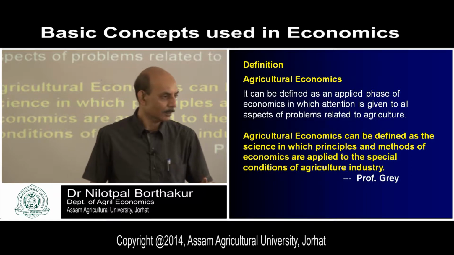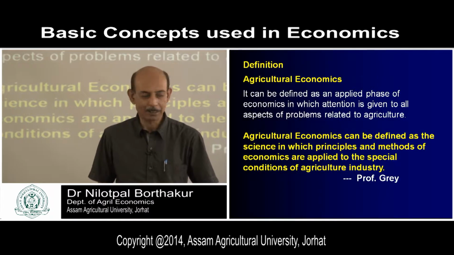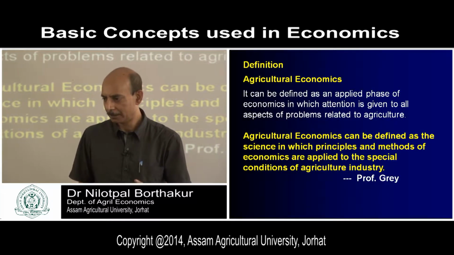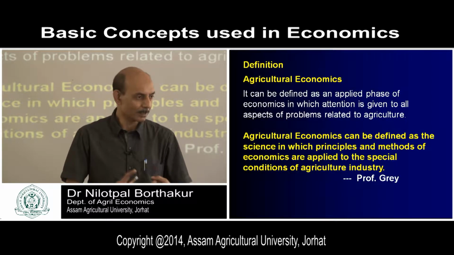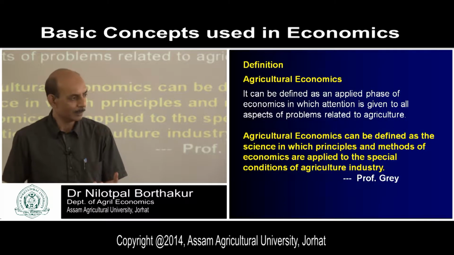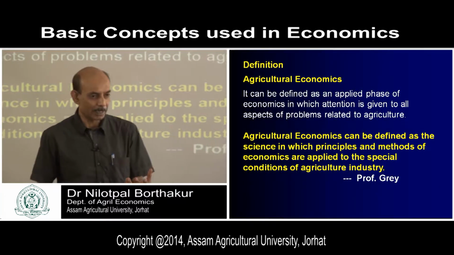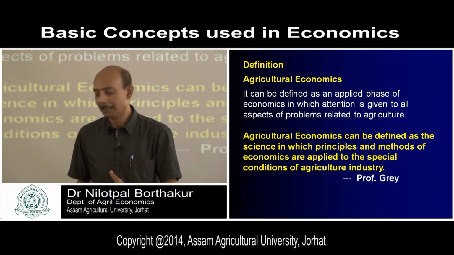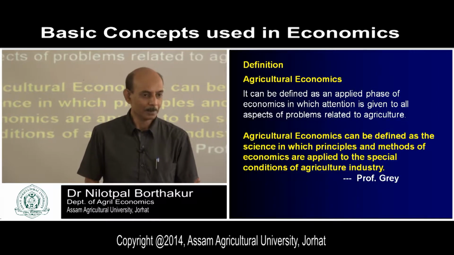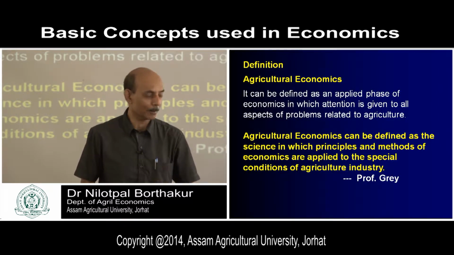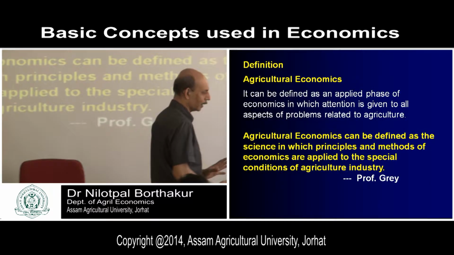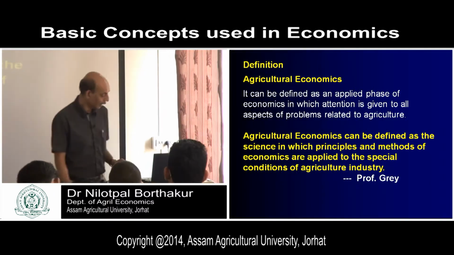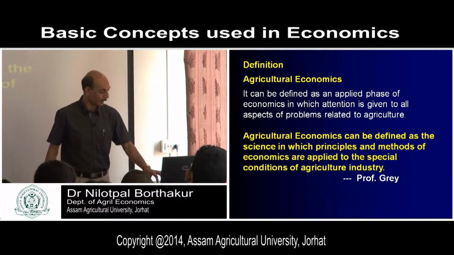Where the farmer will apply fertilizer is a question of choice. The decision has to be made in order to get maximum return. So he uses economic principles in obtaining maximum return. He has 5 kgs of fertilizer; where he will apply it in the most profitable way so that his return can be the maximum. So this is what the economic principles are. These are applied in special conditions of agriculture.